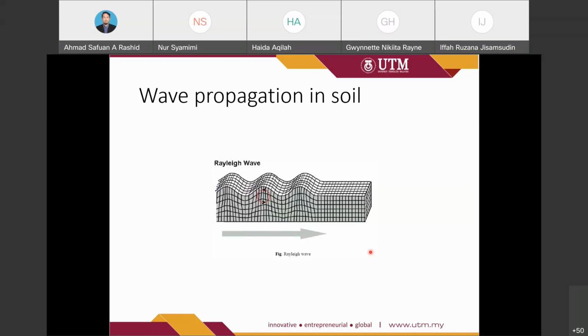But the G or the shear modulus is very important, whereby we may use it when we want to include the vibration effect in the design, to be included in the soil properties.